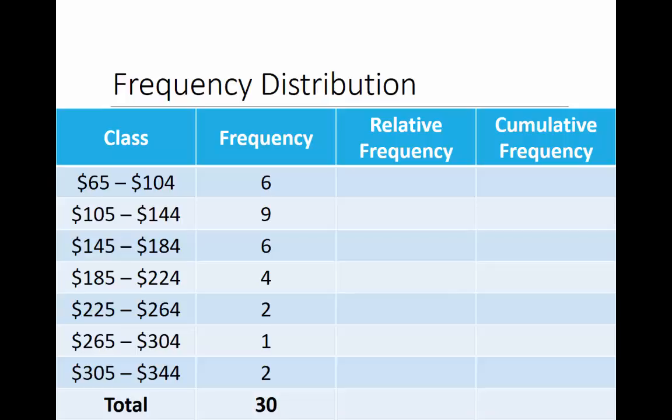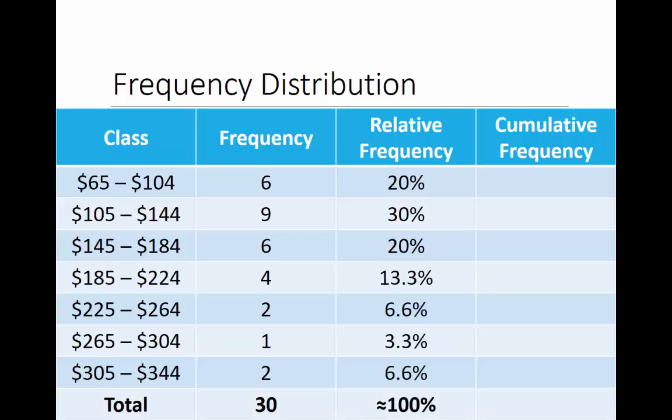Relative frequency is calculated in the exact same manner. 6 divided by 30 gives me 20%. We claim that 20% of the GPS navigators in our sample fall within the price range of $65 to $104. Notice we had to round a few of these values, so the relative frequency is going to be approximately 100%.